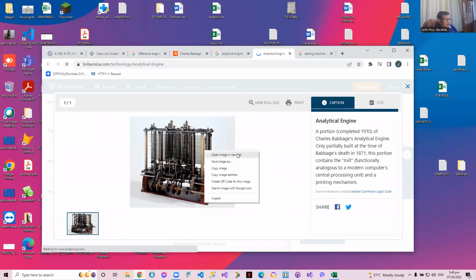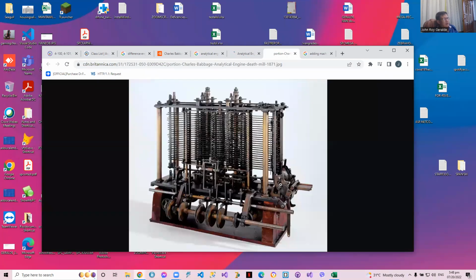So 20 rotating gears on the side. The original design was 40 digits. If you're asked to program a computer like this, you should be very careful. You could easily cut a finger by a mistake. These are sharp gears.